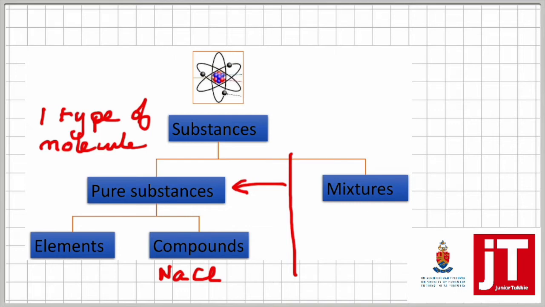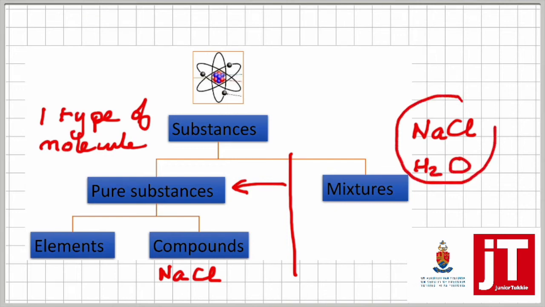If we were to put salt, which is NaCl, and mix it with water, which is H2O, and put those together, we would now have a mixture, that is salt water.